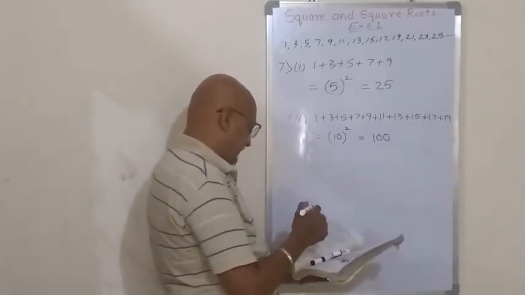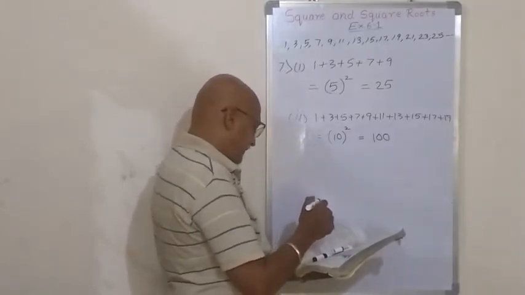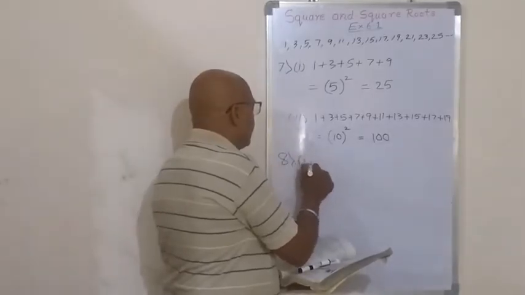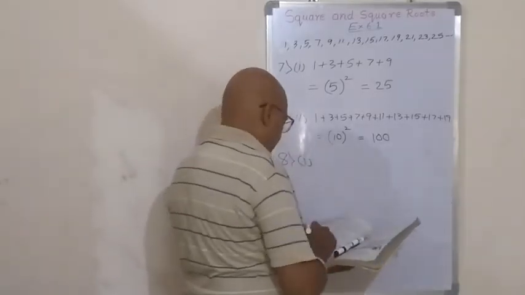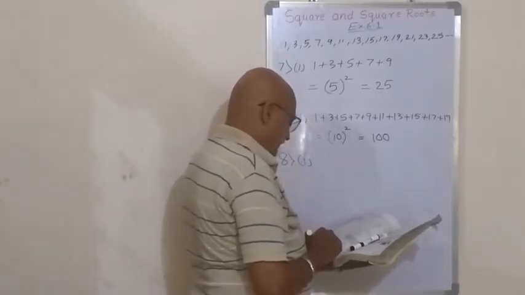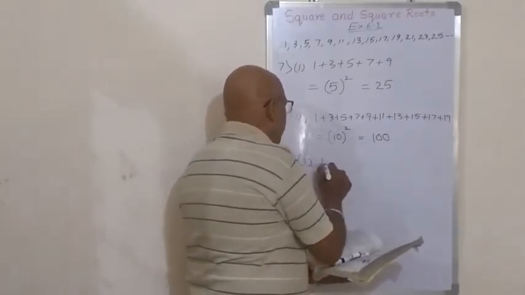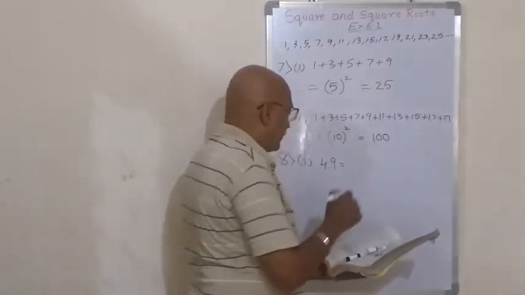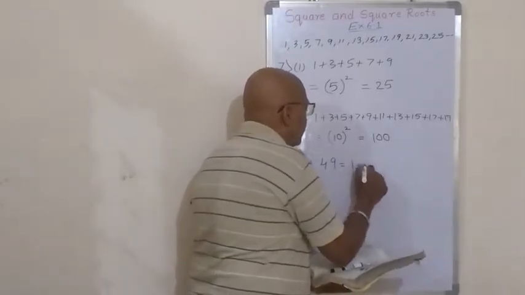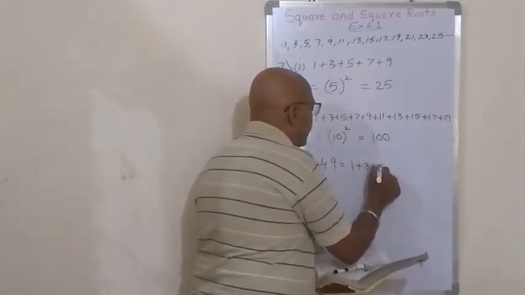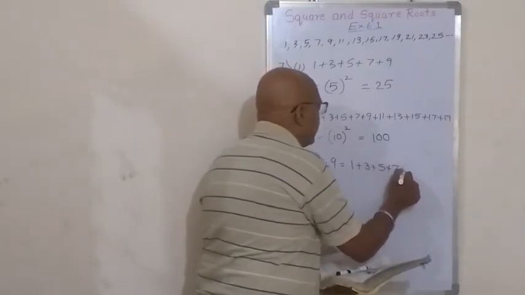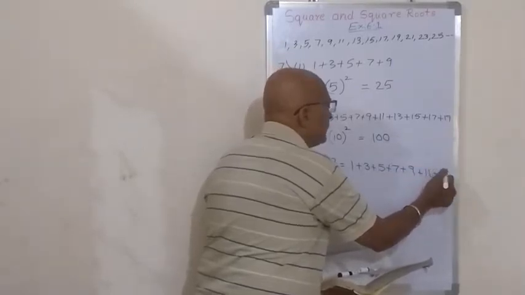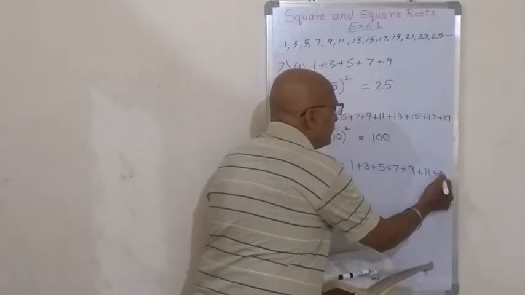So I will write 49 equal to the sum of 7 odd numbers: 1 plus 3 plus 5 plus 7 plus 9 plus 11 plus 13.